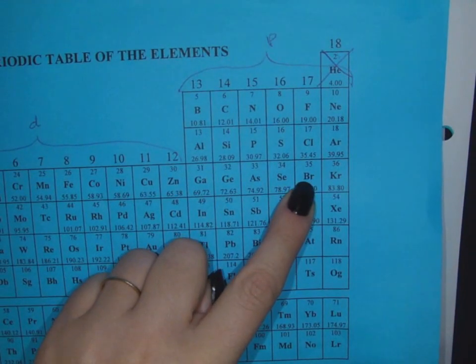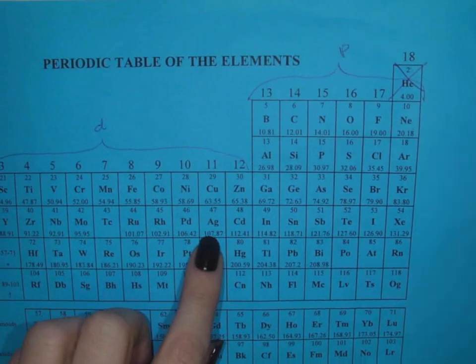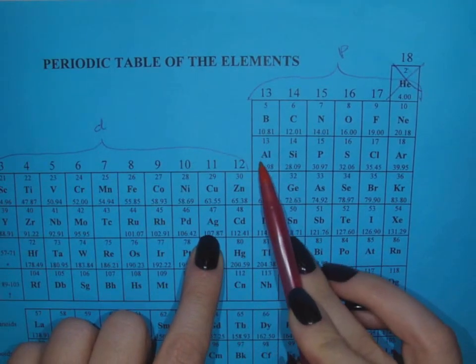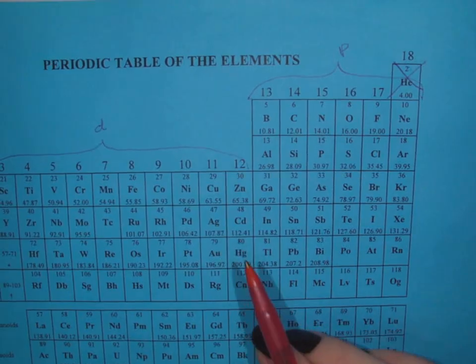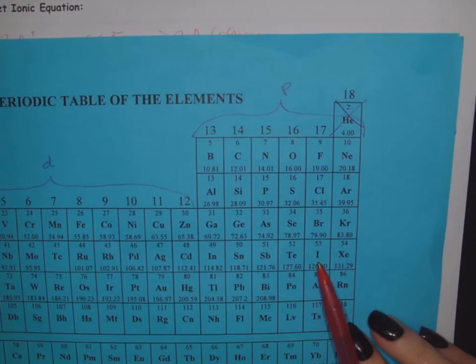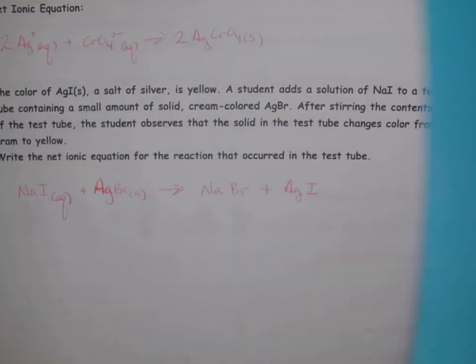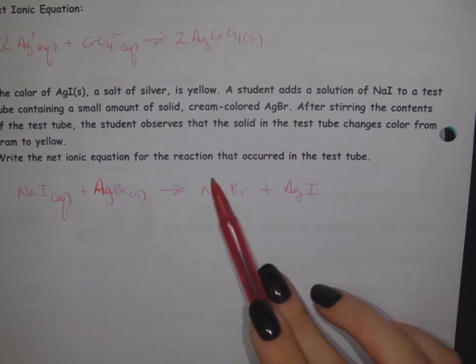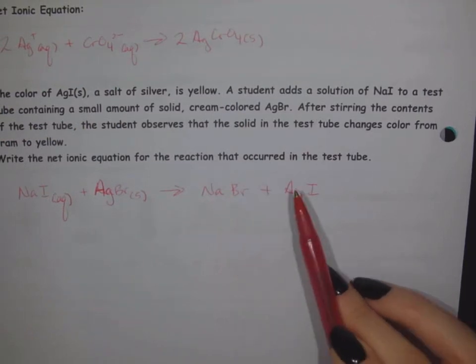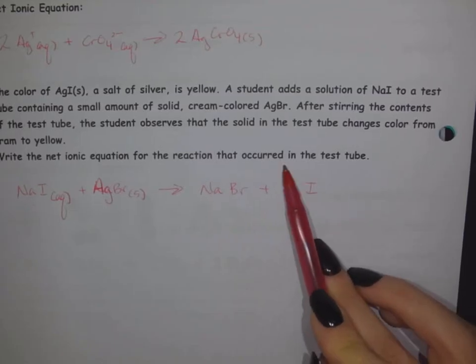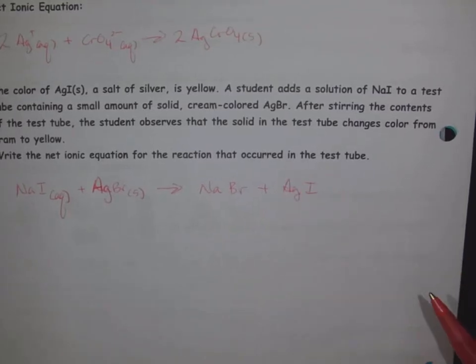Bromine's a -1 because it's in group 17. Silver's a +1. And then the other one was iodine, which is also in group 17, so it's a -1. So we have a +1 and a -1, so if I crisscross, it's just 1 to 1. And then a +1 and a -1, so if I crisscross, it's just 1 to 1.